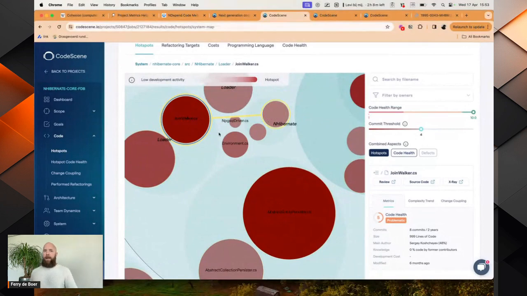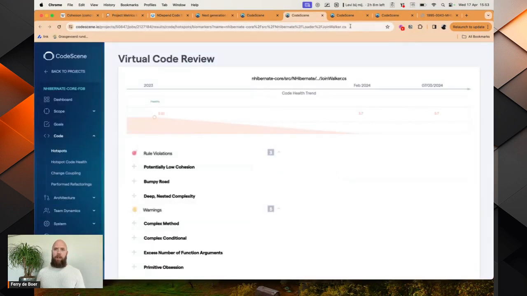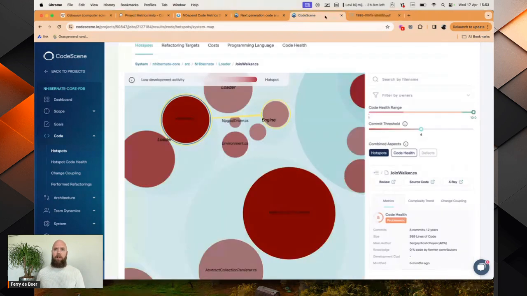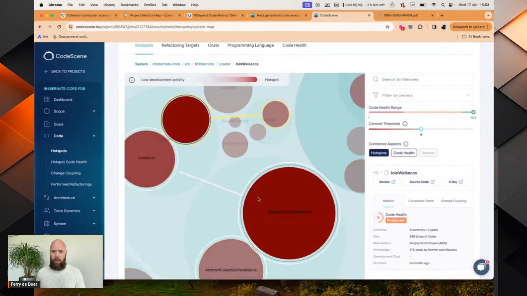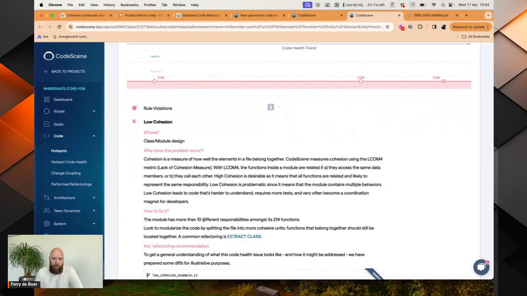If we open this one, the abstract entity persister, and review it, it says it has low cohesion. This is the wrong one. Let's just do it. I want the abstract entity persister. It says it has 10 different responsibilities.